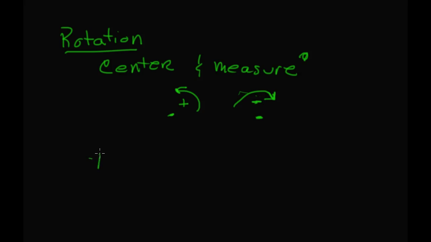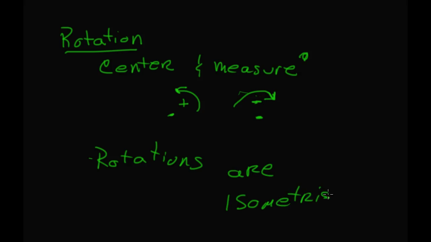And ultimately, rotations are isometries because they preserve the length of segments.